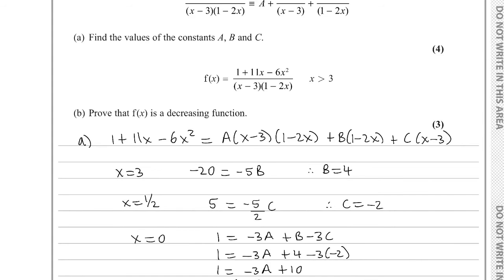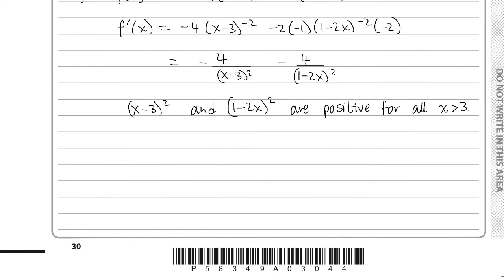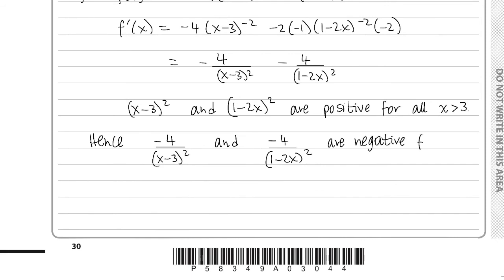So if both of the denominators are always positive, then we can just say hence minus 4 over (x minus 3) squared and minus 4 over (1 minus 2x) squared are negative for all x greater than 3, i.e. f dash of x is less than 0, hence f of x is a decreasing function.